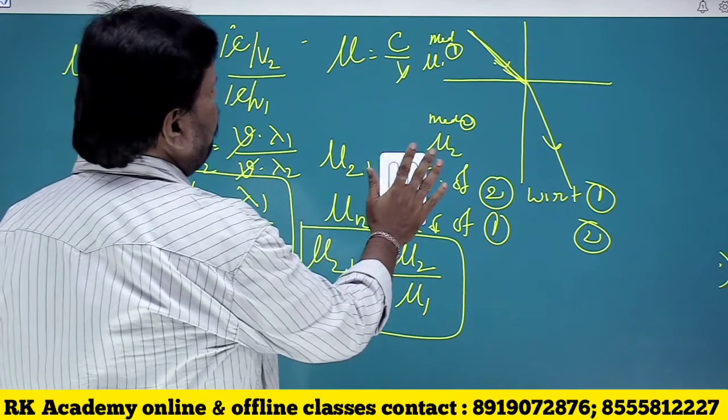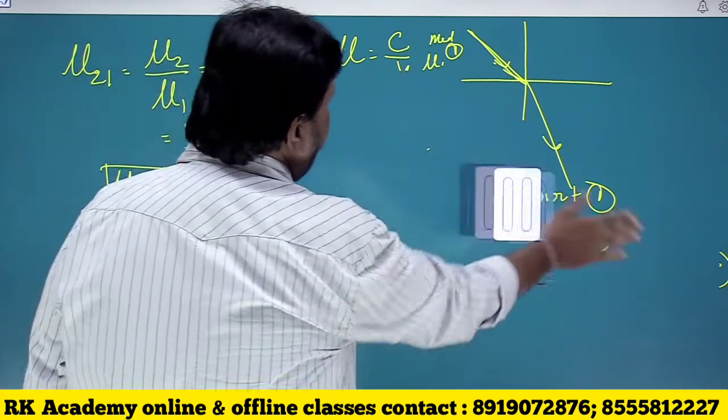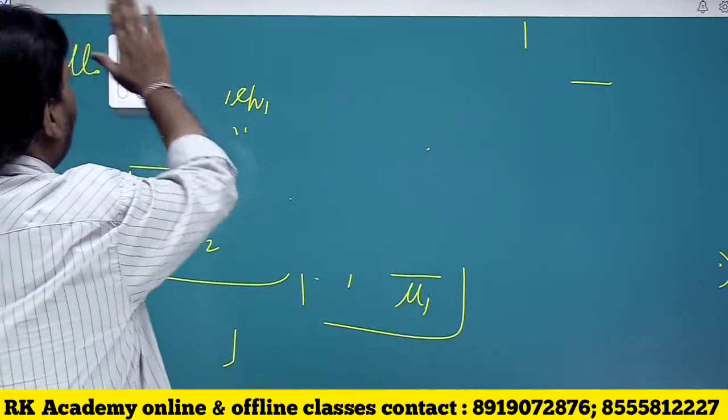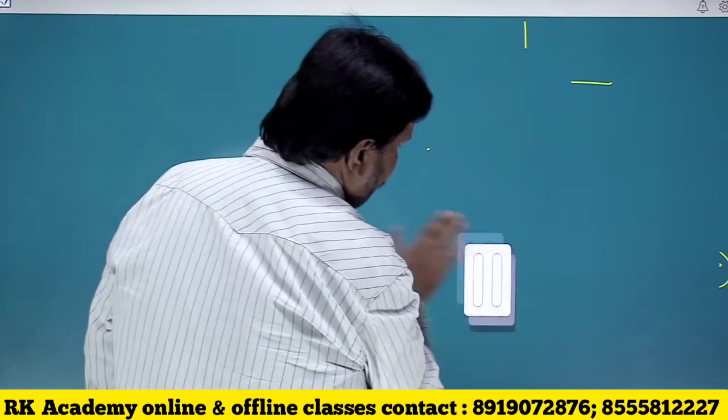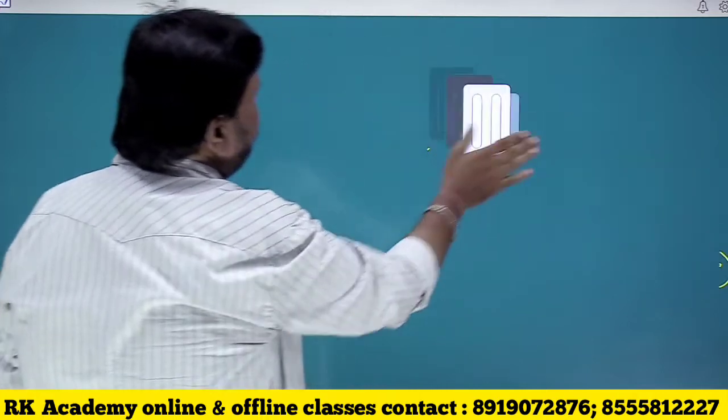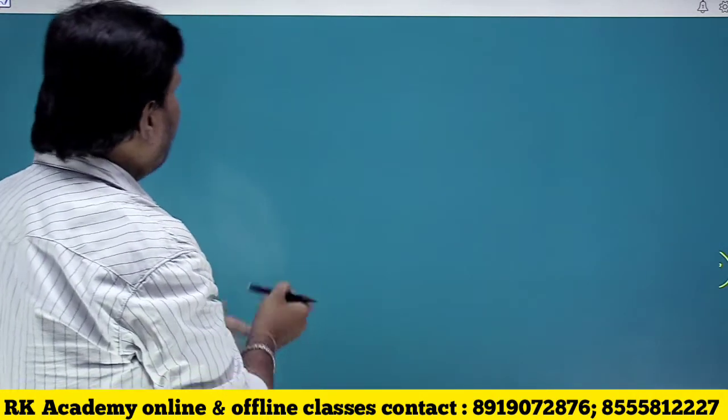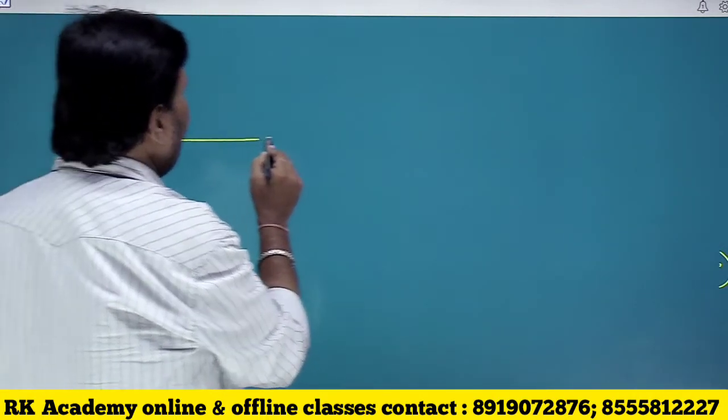See, refraction may take place on plane surfaces, as you have learnt in the case of reflection, and it may take place on curved surfaces. On plane surfaces, let us take a plane surface.